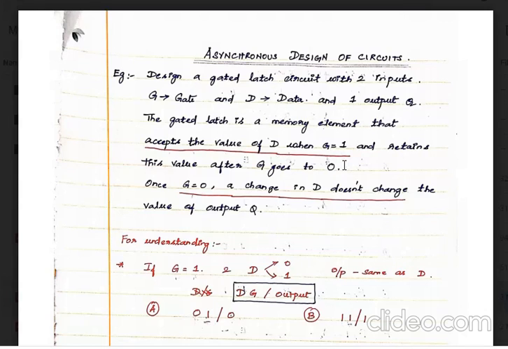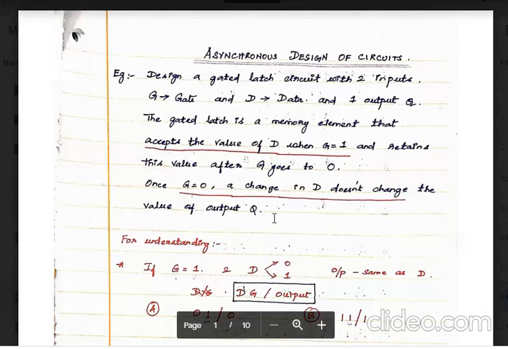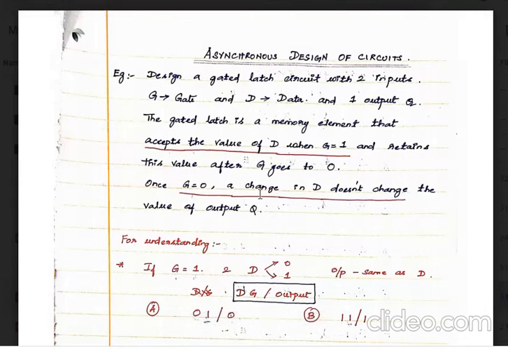When the gate is open, D will be accepting some input, either 0 or 1. But if G is equal to 0, you will not accept any input. It means that the previous input is retained throughout the process. So once G is 0, a change in D does not change the value of the output.